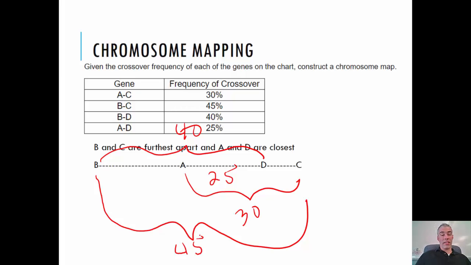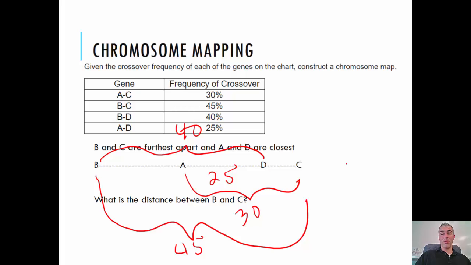Now let's see if this makes sense. What's the distance between B and C now that we have this on here? I know it's kind of messed up here, but the difference between B and C is 45, as we can see here. What's the difference between C and D then? Well, this is 30 and this is 25, right? So A and D is 25 and A and C is 30.